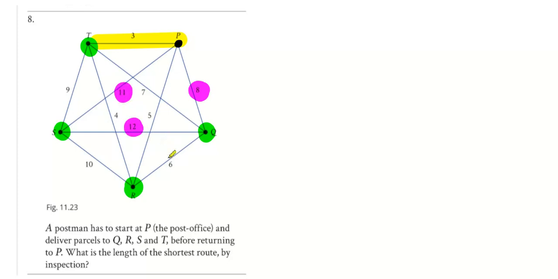So I'm thinking I can go P to T, and then I have a choice between 7 and 9. What I'm also thinking is PR, which is the lowest side here. We could do it incorporating PR because it's only 5, and T to R, which is only 4.